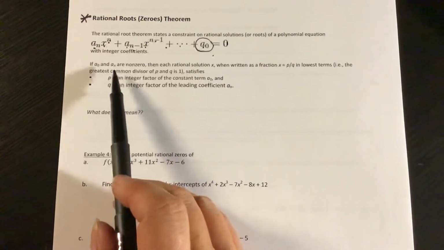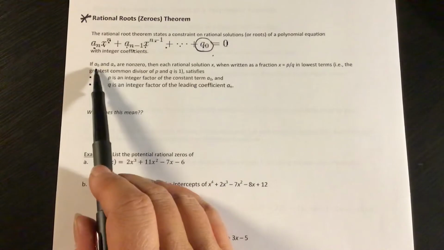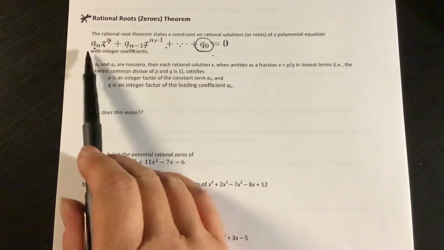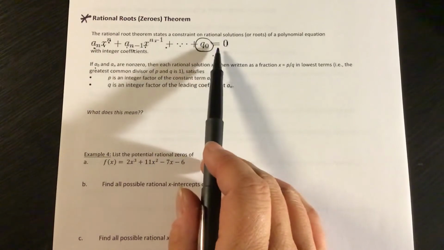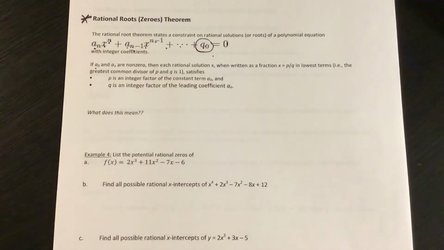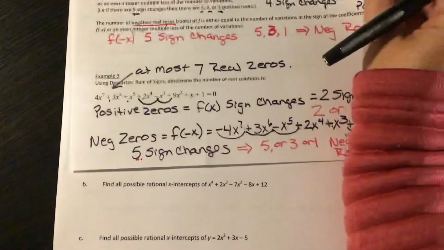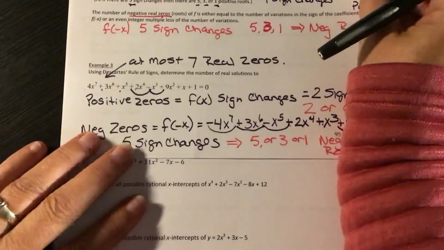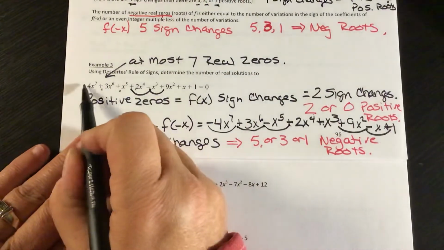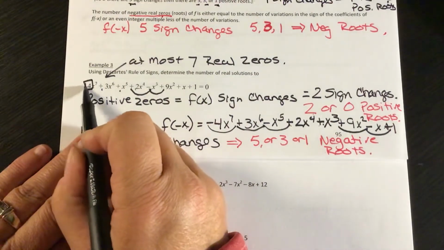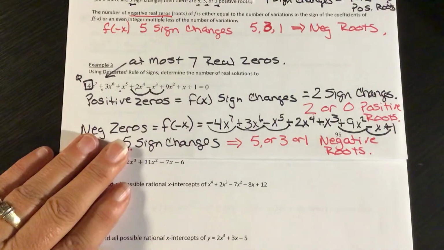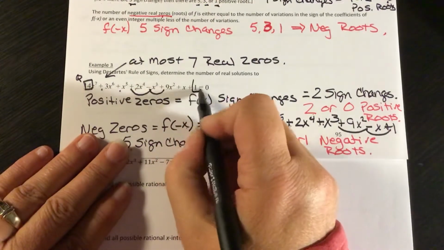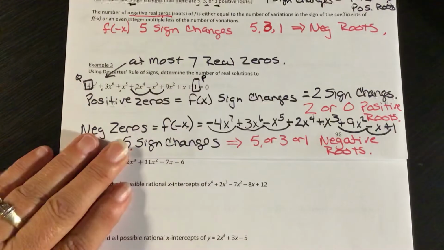When we start off with a polynomial in standard form, it's kind of hard to look at it and say. The coefficient of the first one, we're going to say, is a q variable, and the coefficient of the last one is going to be the p variable.